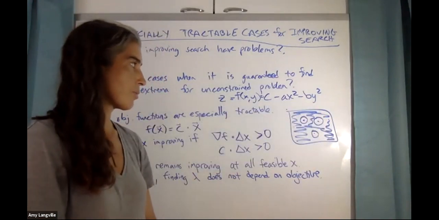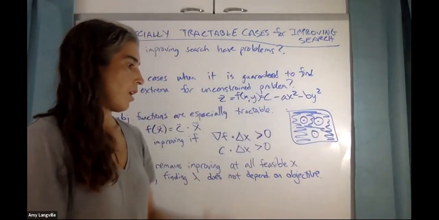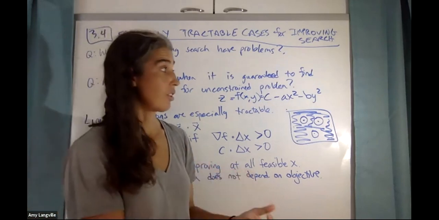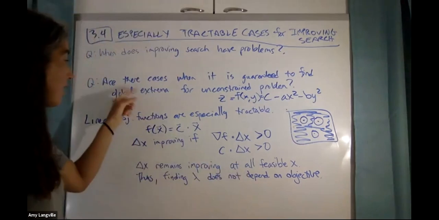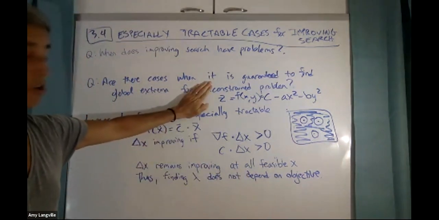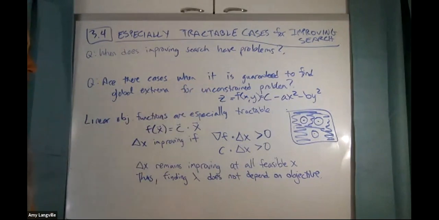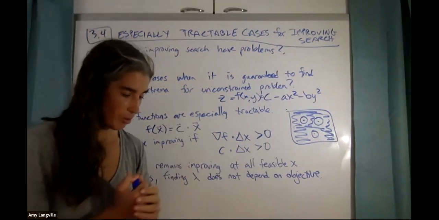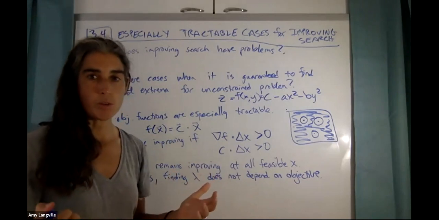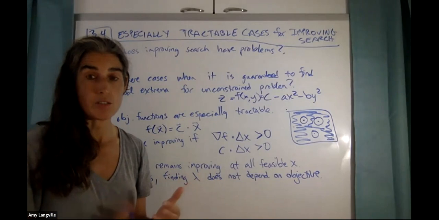So that surface actually has parts of it removed. When you add the constraints, cases that seemed simple before can become much harder. So in general, improving search is not all-purpose. It's not going to work on most problems to get you guaranteed to a global extrema.